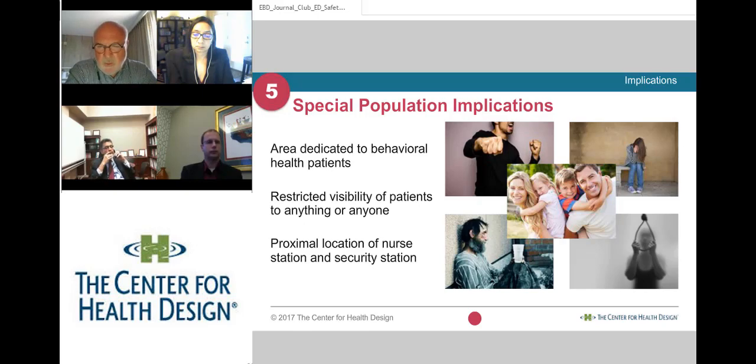But the bigger challenge is most of our emergency departments aren't of that scale, and they have to blend together and maximally utilize their exam and treatment room space for all of these types of patients.